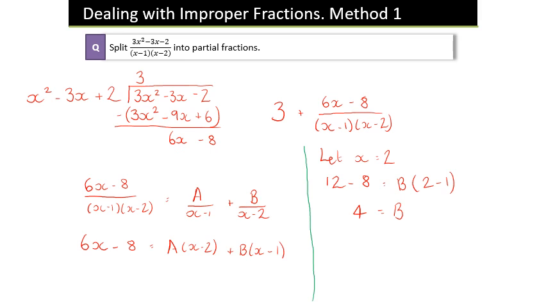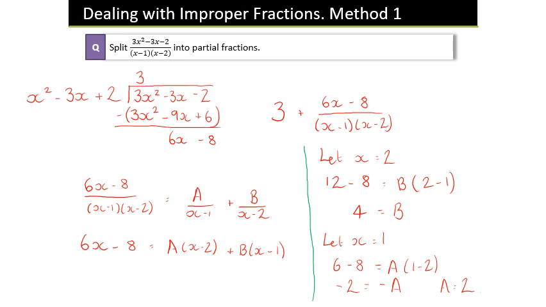And then I'm going to let x equal positive 1. So that's going to be 6 take away 8, a open bracket 1 take away 2, and then my second bracket is going to equal 0, which is what we wanted. So that's minus a and minus 2, so a equals negative 2.